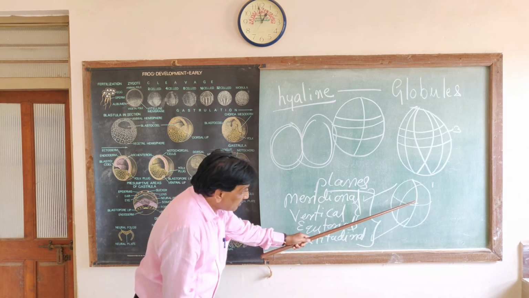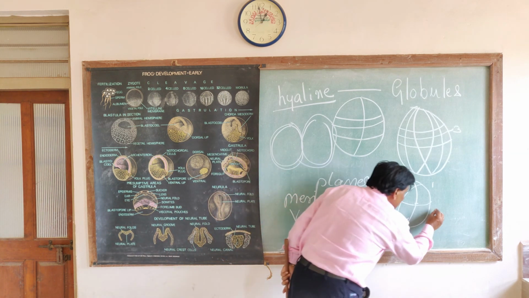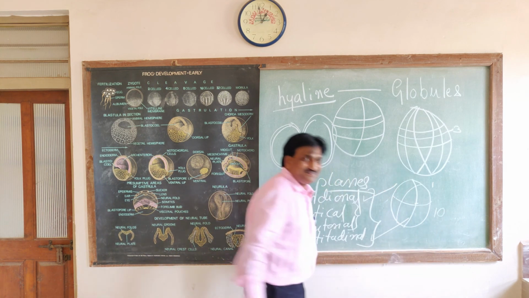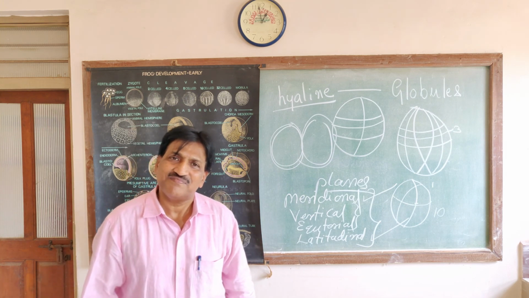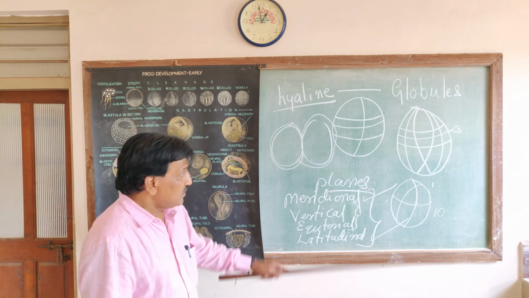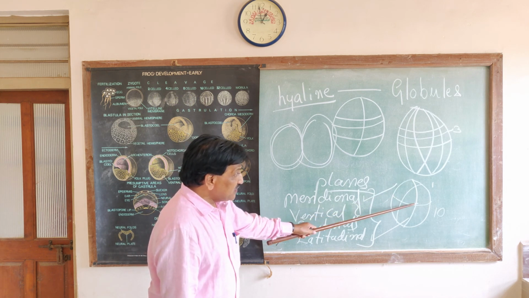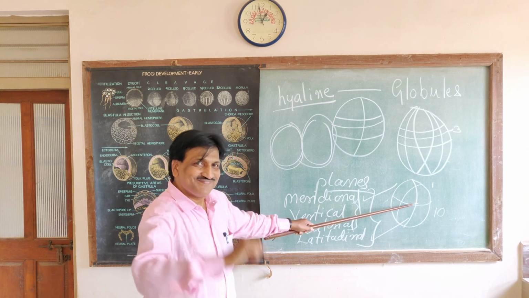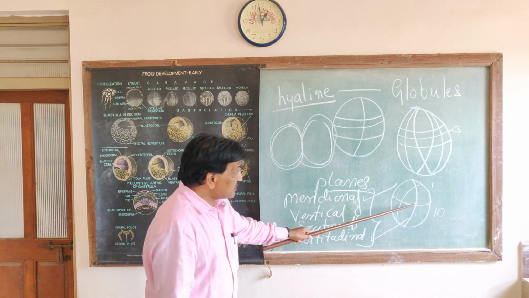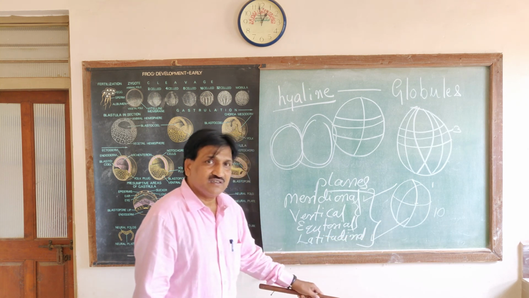From this point to the vegetal pole, it takes 10 minutes. To cover the distance from the animal pole to this point takes only 1 minute, that means it's faster, whereas from this point to the vegetal pole it takes 10 minutes.